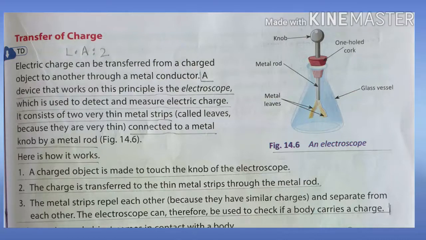The electroscope can therefore be used to check if a body carries a charge. And after that you have to draw the labelled diagram. So page number 209, long answer 2, and you have to draw the diagram also.